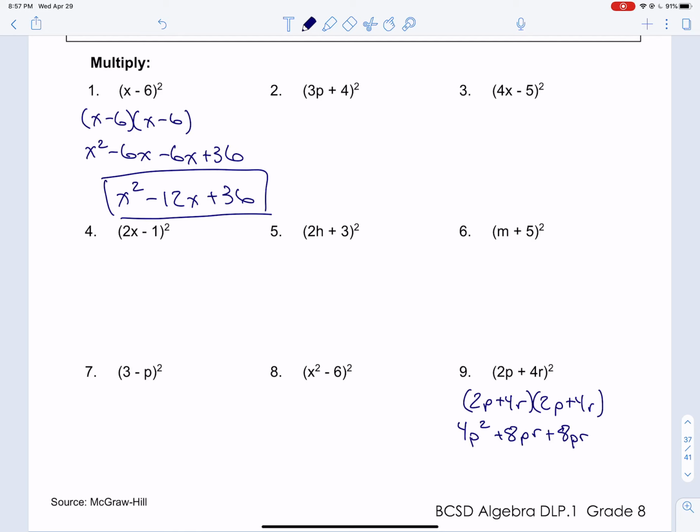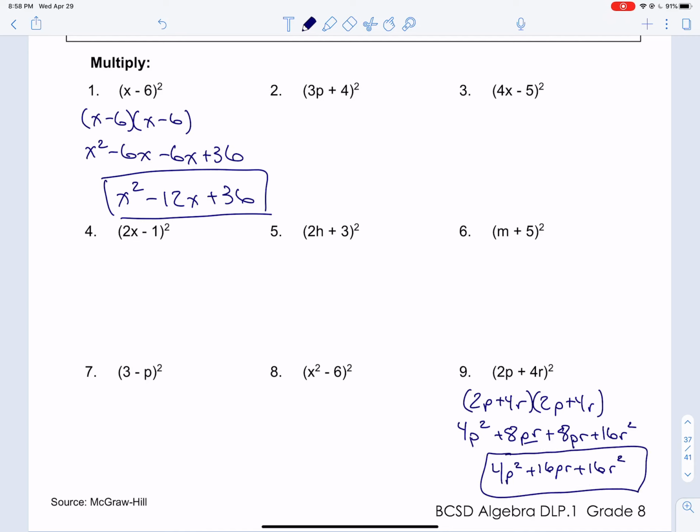So I'm just going to, instead of rp, r times p, write it as p times r, just so it looks like what we did on this one. And then 4r times 4r is 16r squared. So I'm going to combine those two middle terms. We get 4p squared plus 16pr plus 16r squared.